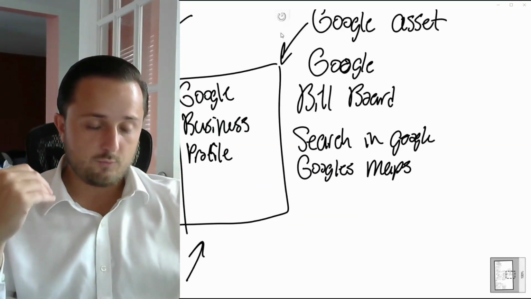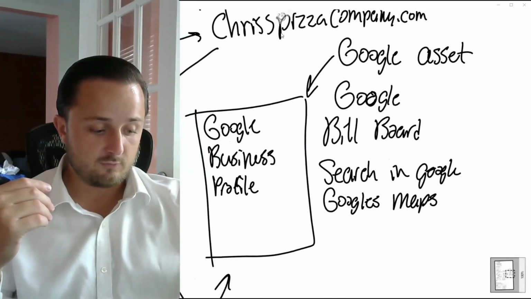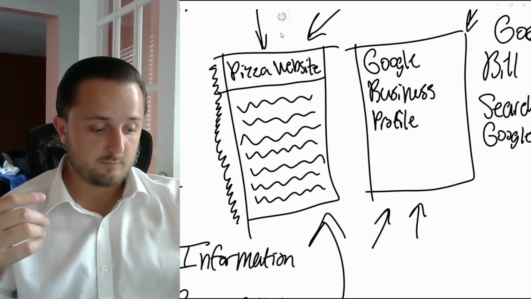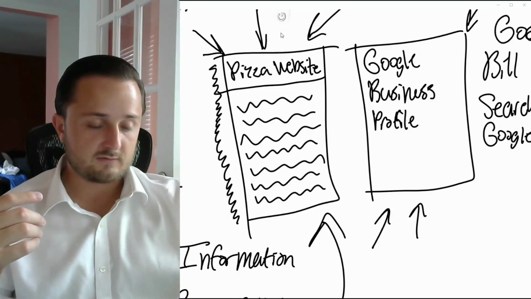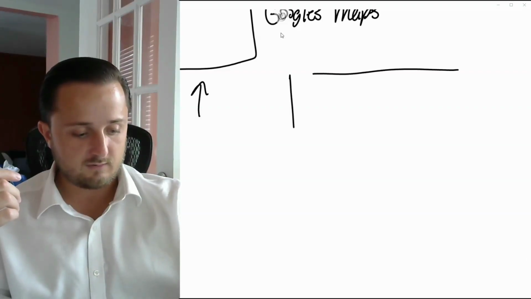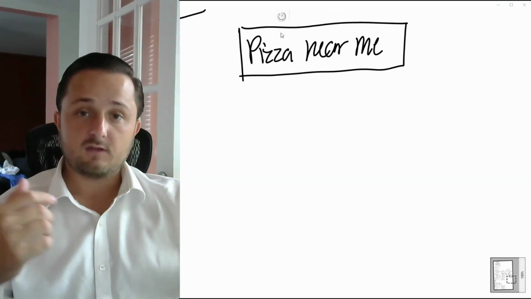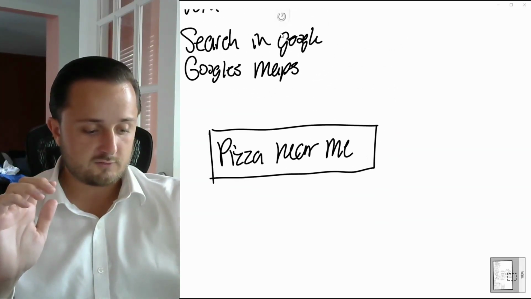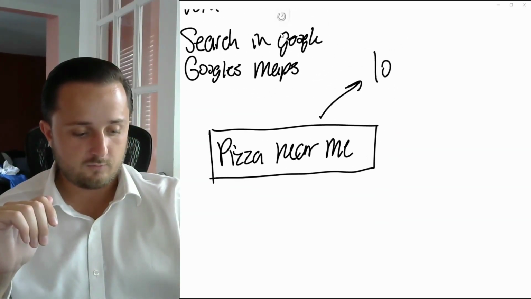So in Google Maps, there will be the Google Business Profile listing. Now in Google Search, there will be website listings. So what does that mean? Let's go back to the example of pizza near me. When you search this, there's a real quick caveat. There are certain terms that are local.